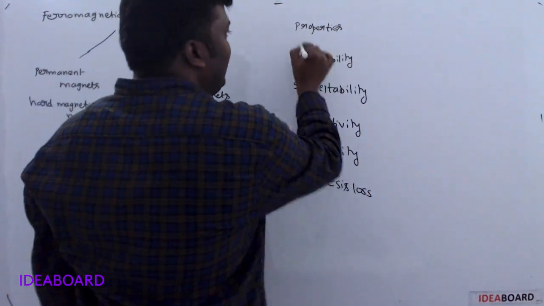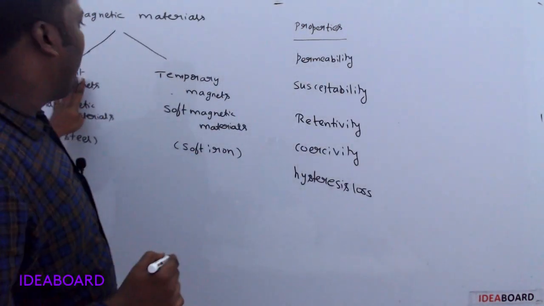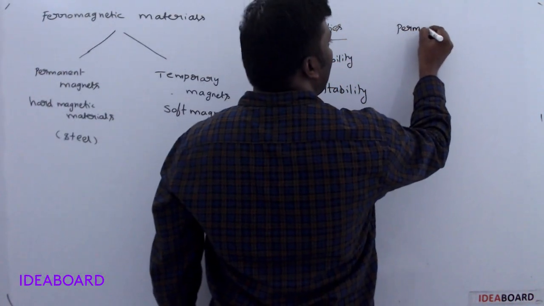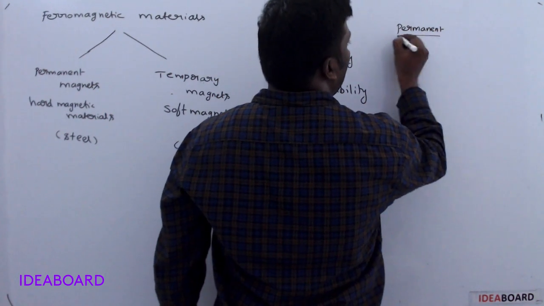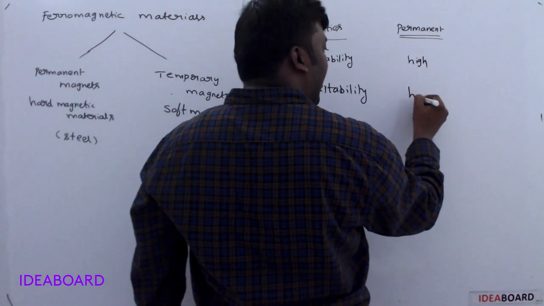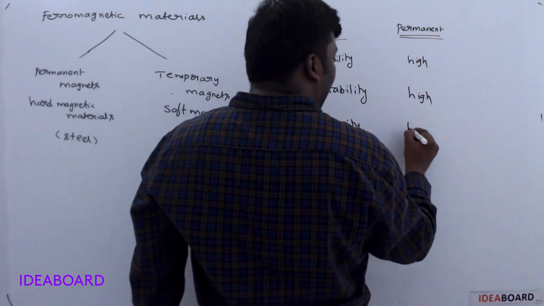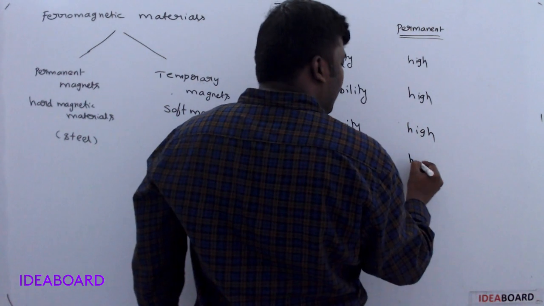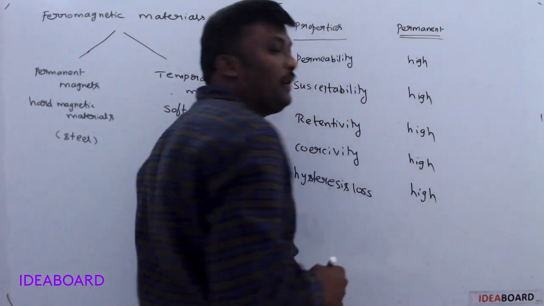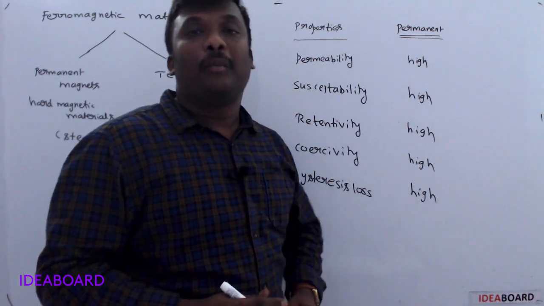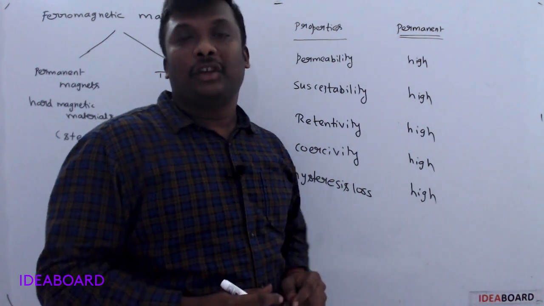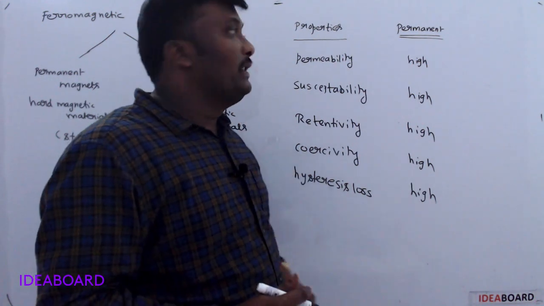So how do these properties vary for permanent magnets and temporary magnets? For permanent magnets, permeability is high, susceptibility is high, retentivity high, coercivity high, and the most important, hysteresis loss also high. So it requires more work done to magnetize and demagnetize the specimen. So loss is more here.